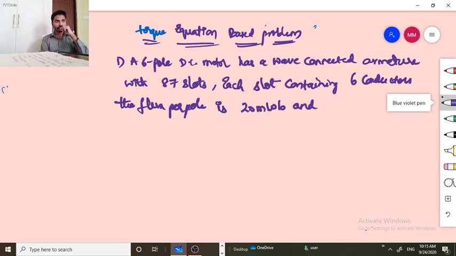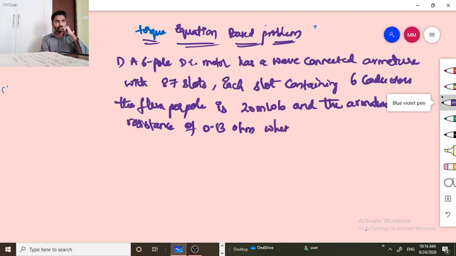and the armature resistance is 0.13 ohm.